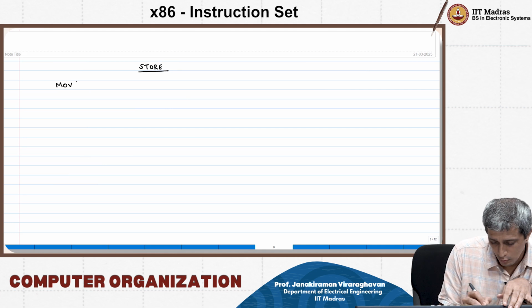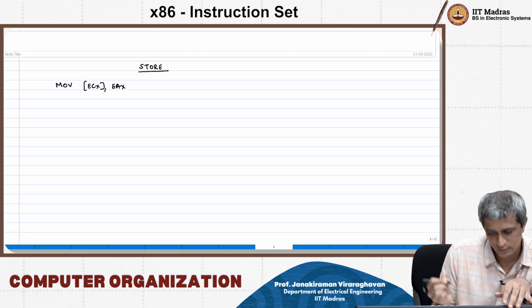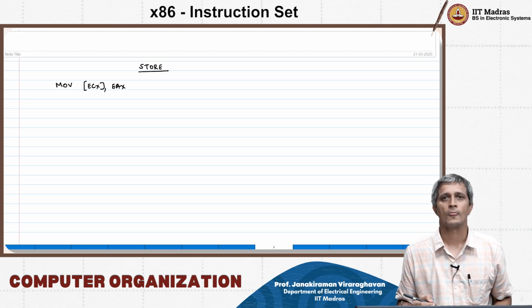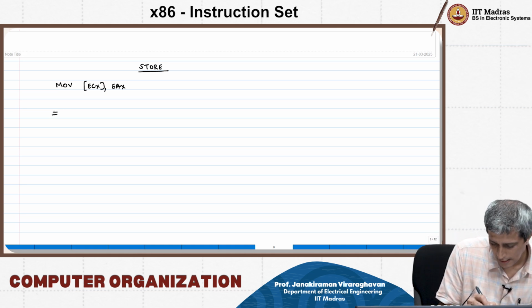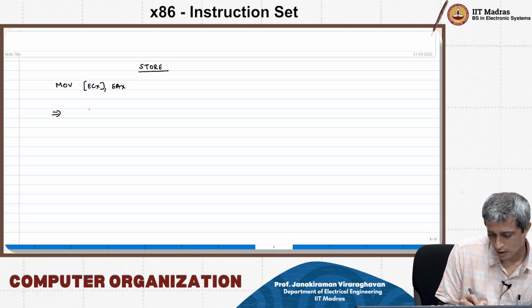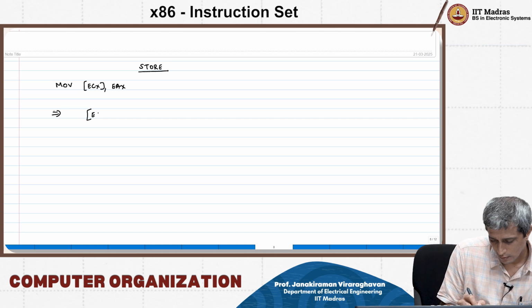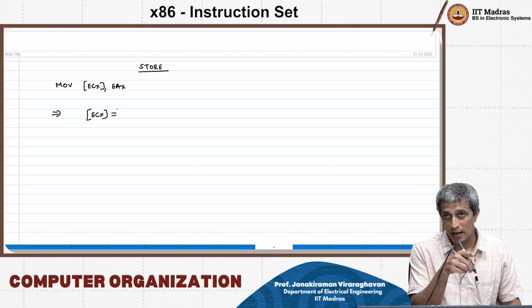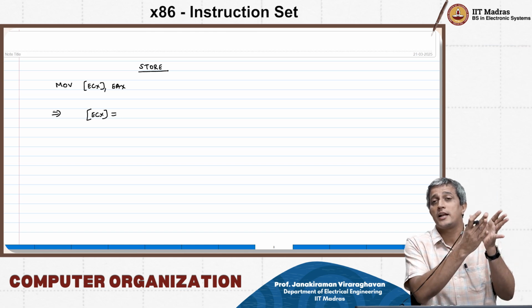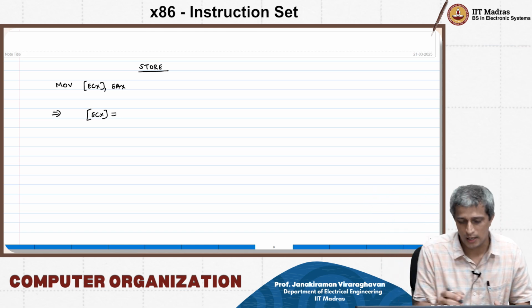I will say move contents of ECX comma EAX. This means that whatever contents of ECX is, treat that as an address and write the contents of EAX into that particular address.